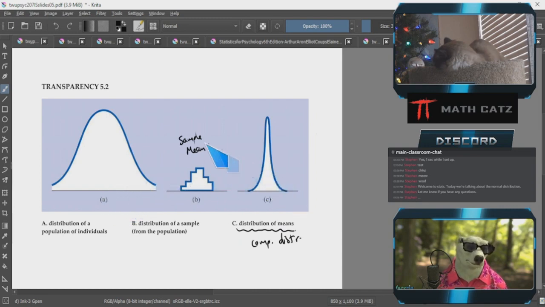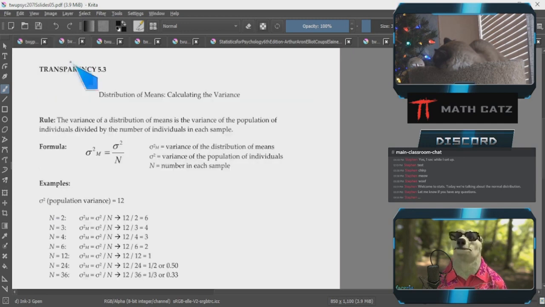Now, luckily, these two have the same mean mu, but as the picture tries to illustrate here, their variance, how quickly it drops off, is not the same. So we just need to be aware that the distribution of means, my comparison distribution, pretty much from now on, has a different variance. But luckily, it is very closely related to the population's variance.